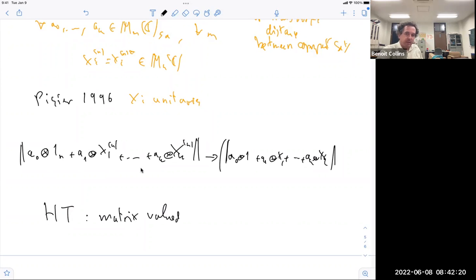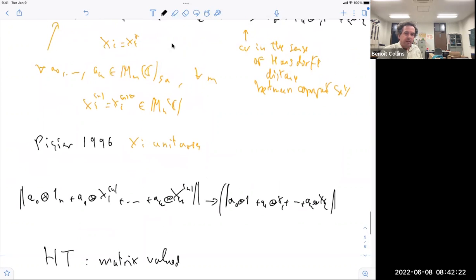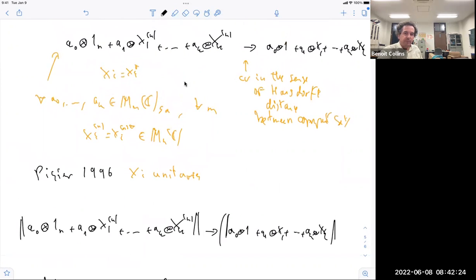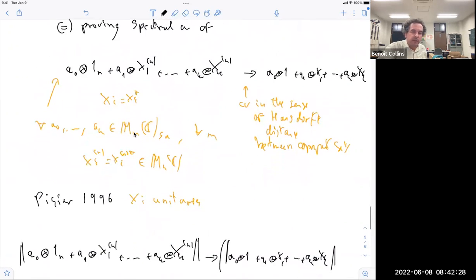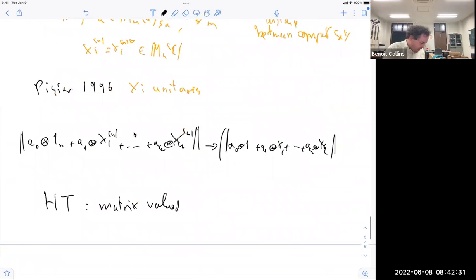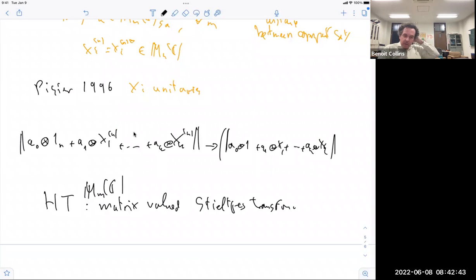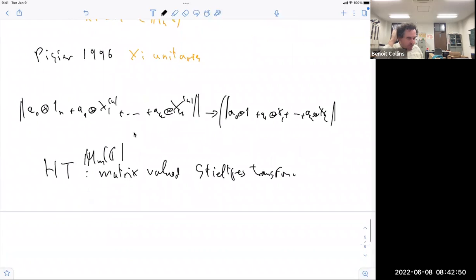Here the matrix is the matrix of the coefficients. Where are they? They are here, right? So this is M, a matrix valued Stieltjes transform.